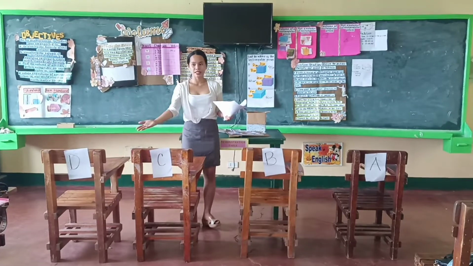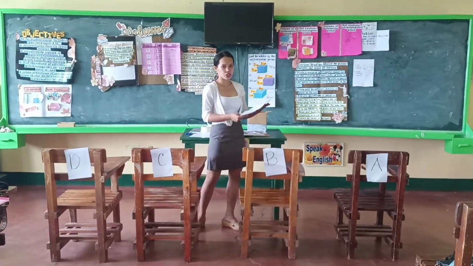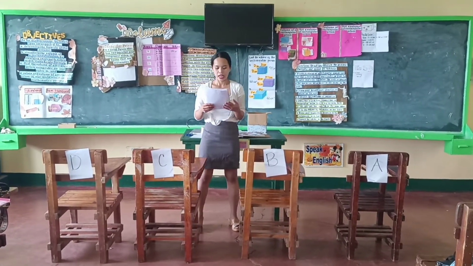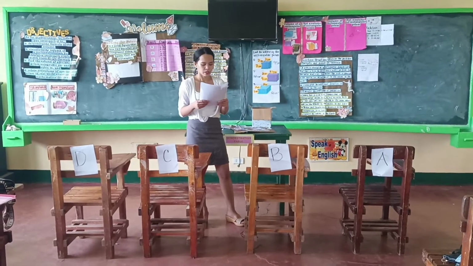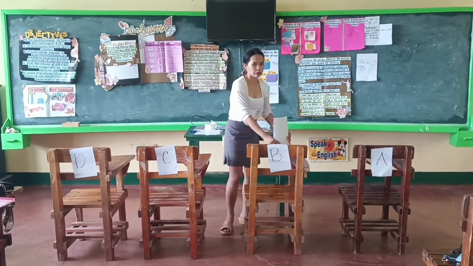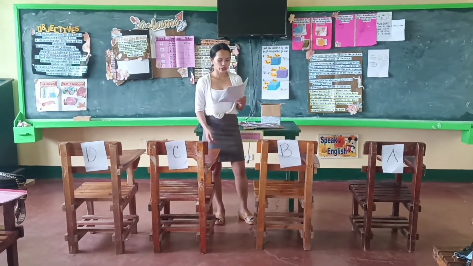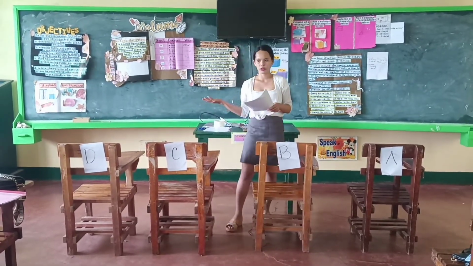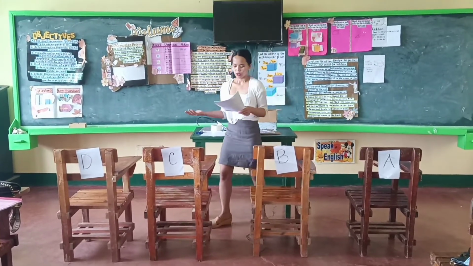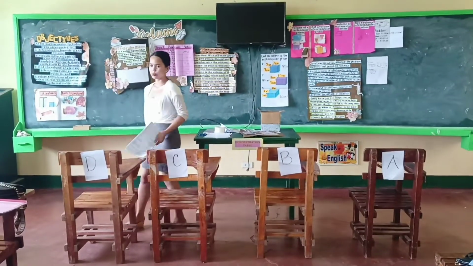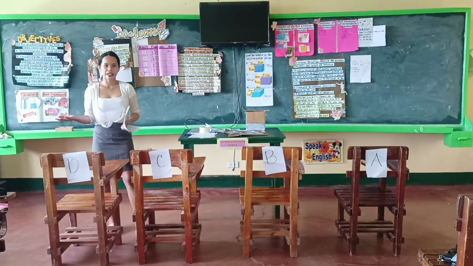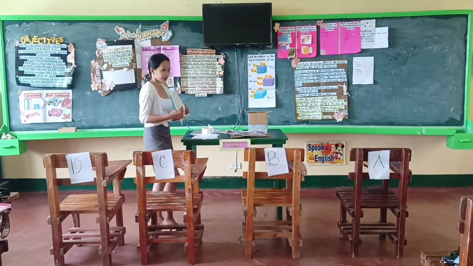In front of you is the letter A, B, C, and D. I already prepared the questions, and for the questions and choices, I will read them twice. All you have to do is to choose one choice in front of you if it is correct. And if you get the wrong answer, you will be disqualified or you'll be out.